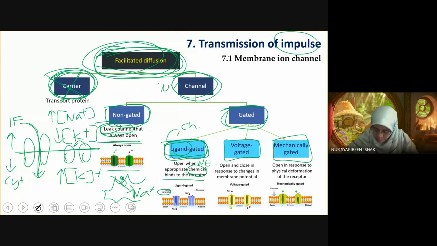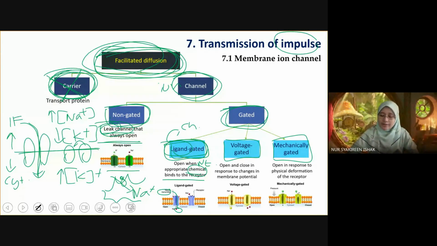But if the neurotransmitter is removed, the ligand gated channel closes, so the sodium cannot enter into the neuron. That's why we call it ligand gated. Neurotransmitter binds, channel opens, sodium can enter.